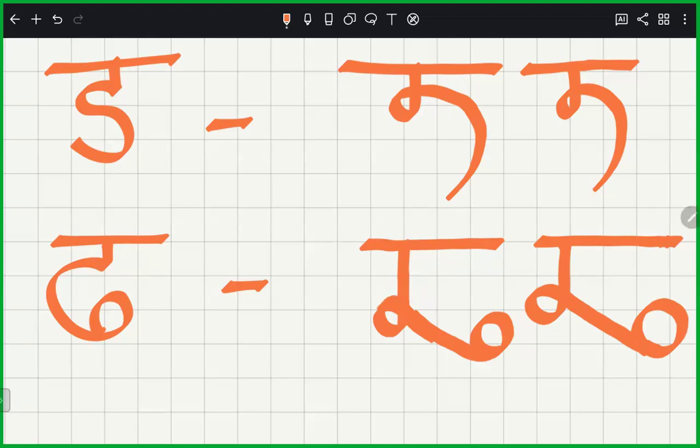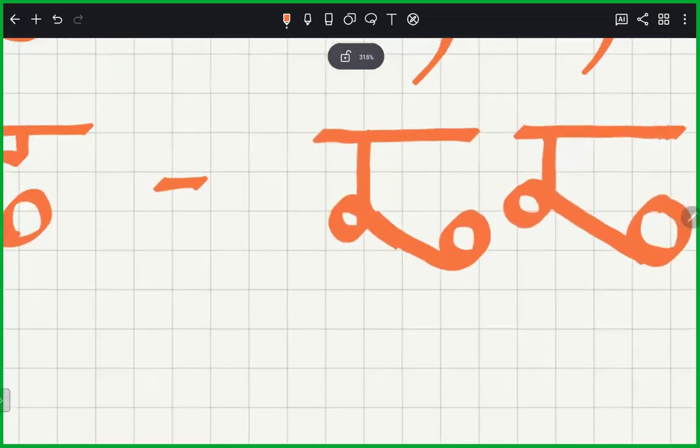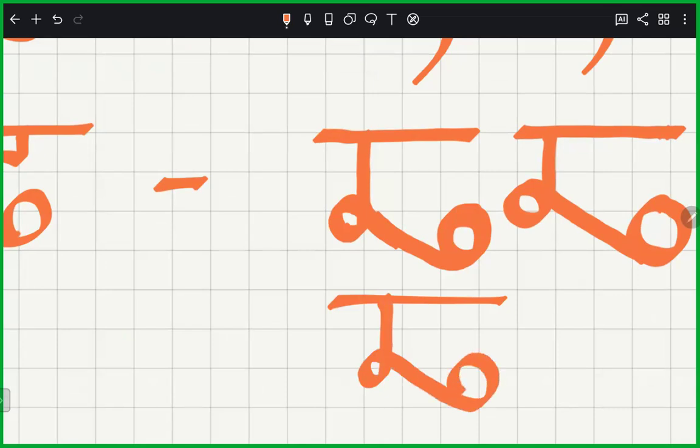So these two round shapes, you have to keep in mind. These two should be big enough to make it look like dha. But make sure that this round is bigger than this one. What I mean is this round is a little smaller, this is a little bigger.